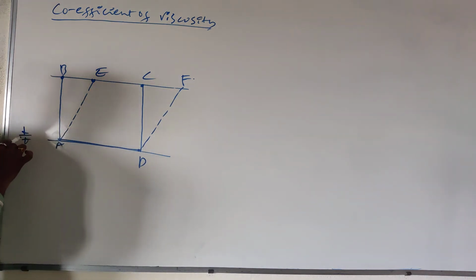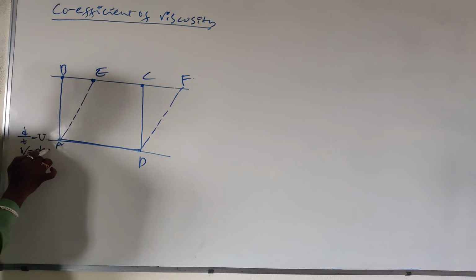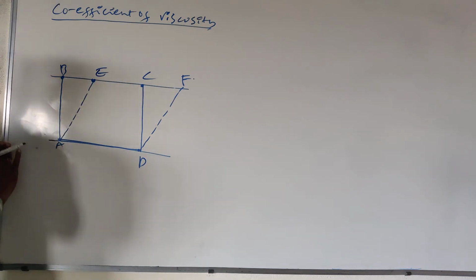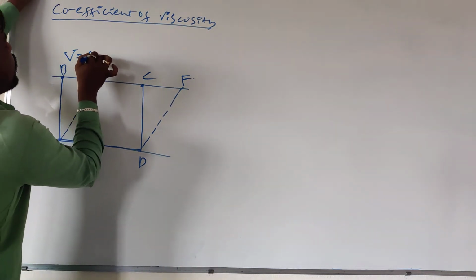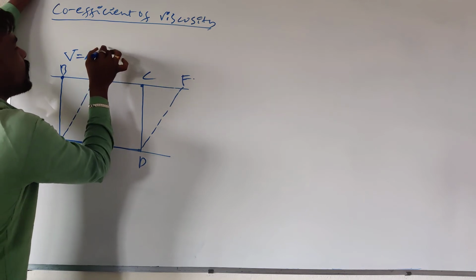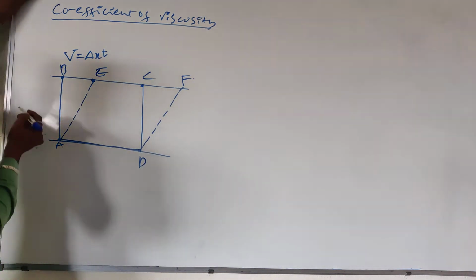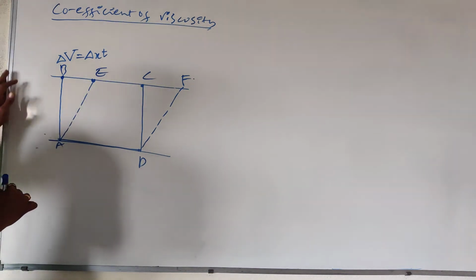Distance divided by time is equal to the rate of change of displacement. V is equal to del x divided by t. Or we can take del v also.